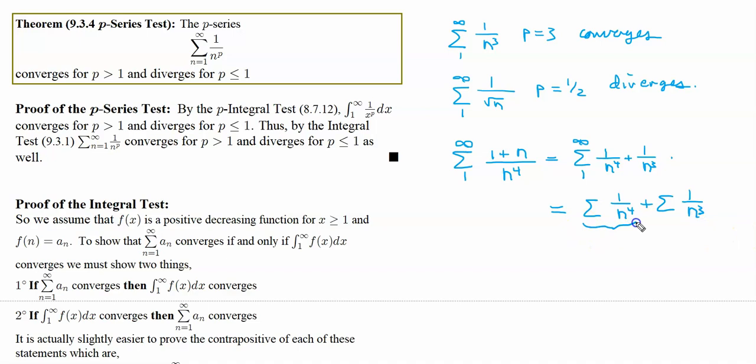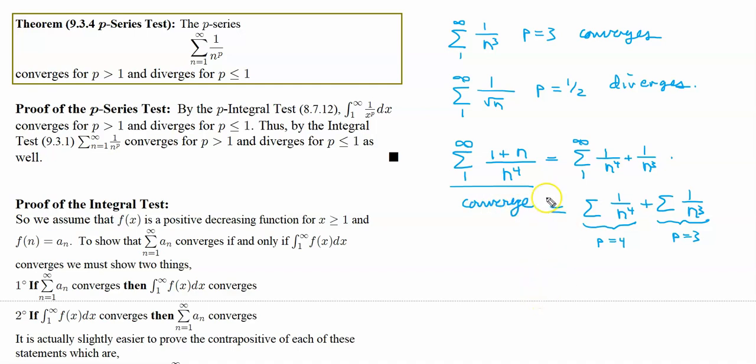Now in this one right here, the p is 4, so since p is bigger than 1, this will converge, and over here the p is equal to 3, so this will converge as well. So therefore our original series will converge.